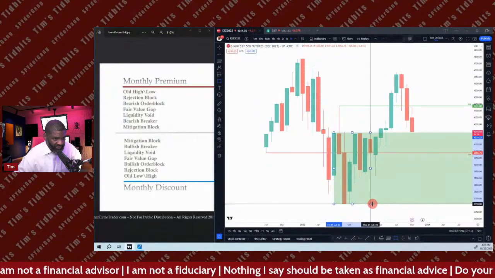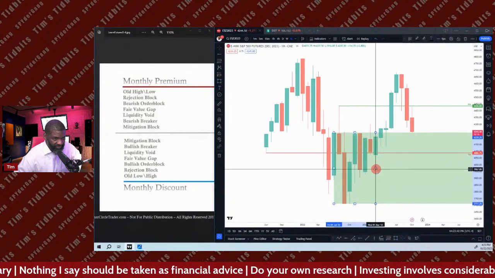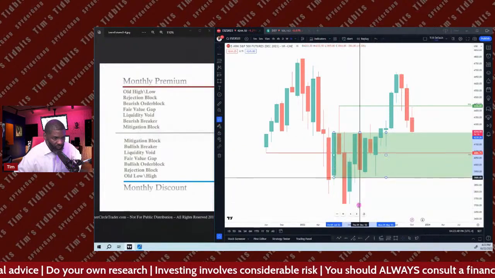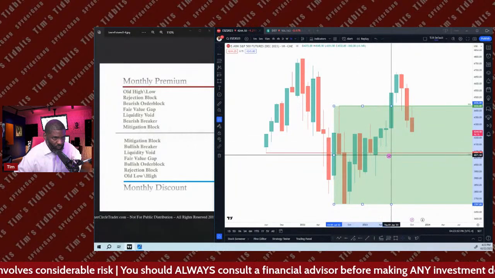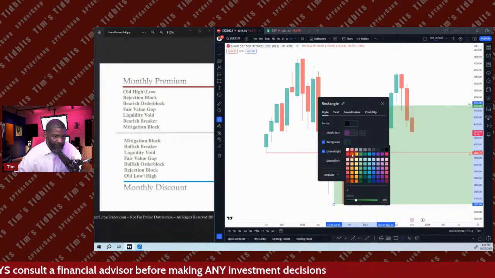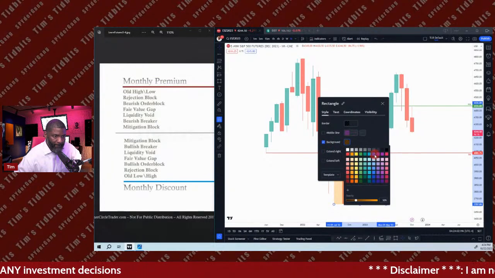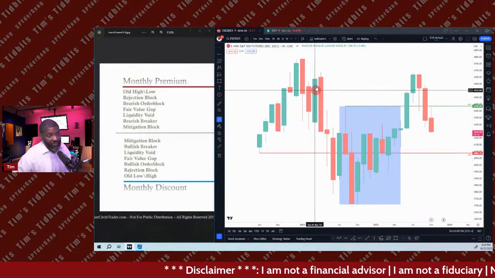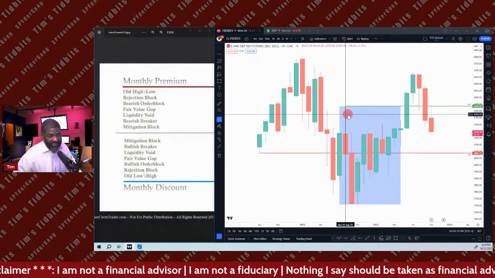Right, we started consolidating right here, these monthly candles. We took out sell side, started consolidating there, and this is the buy side right there.